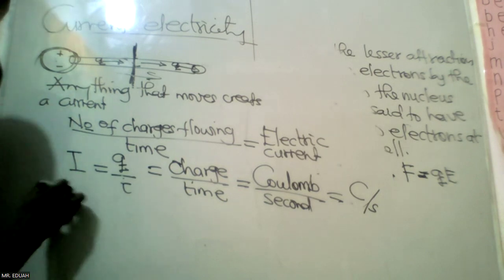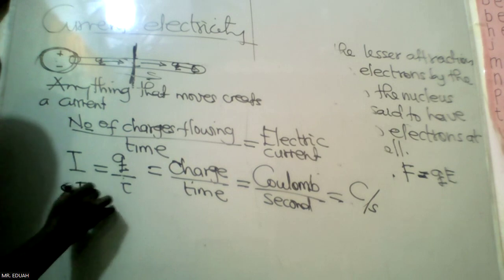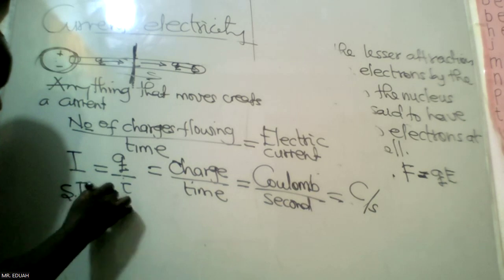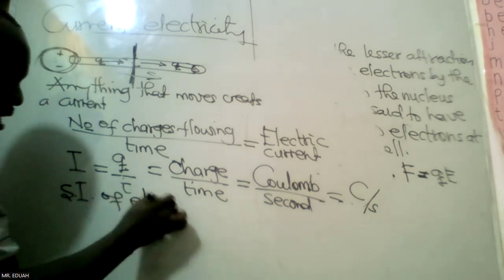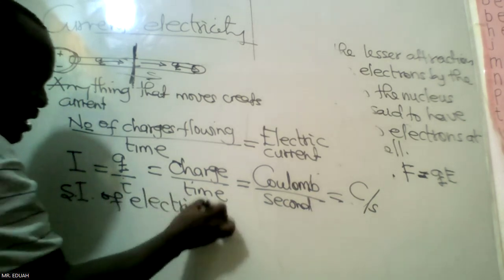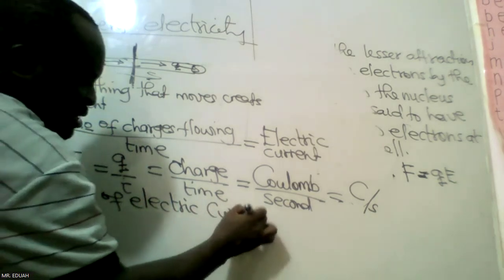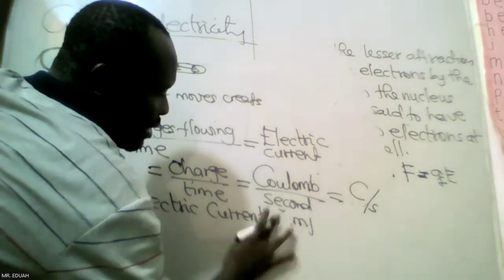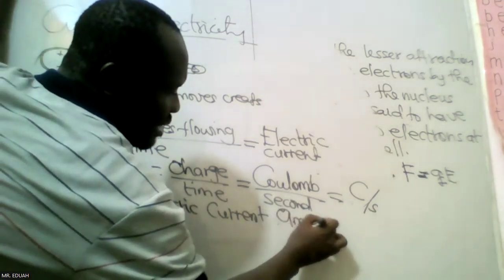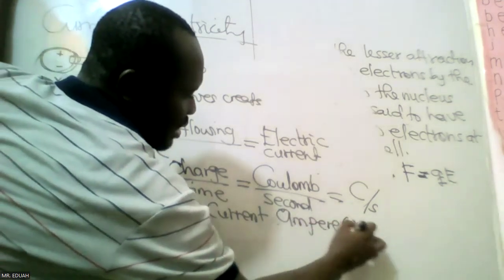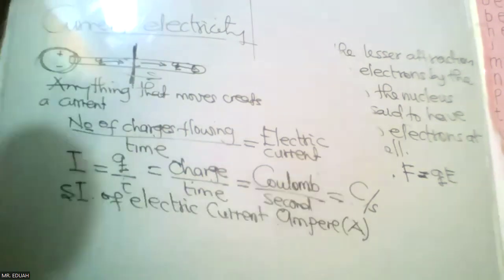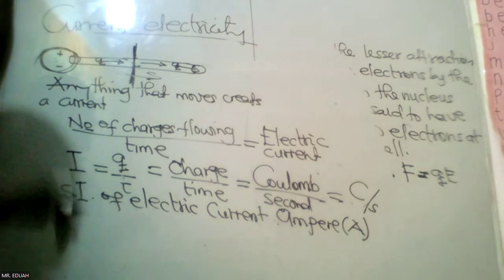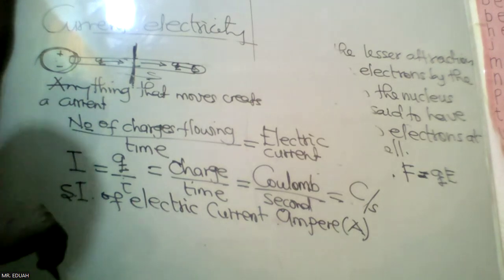And so the SI unit of electric current became the ampere, shortened as capital A. But the actual derived unit is coulomb per second.